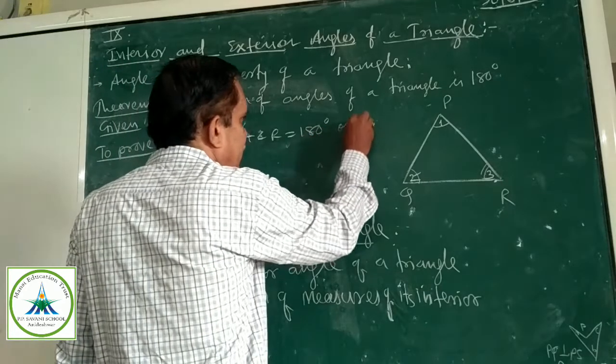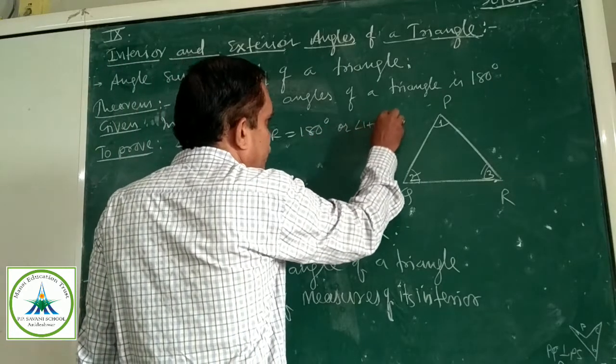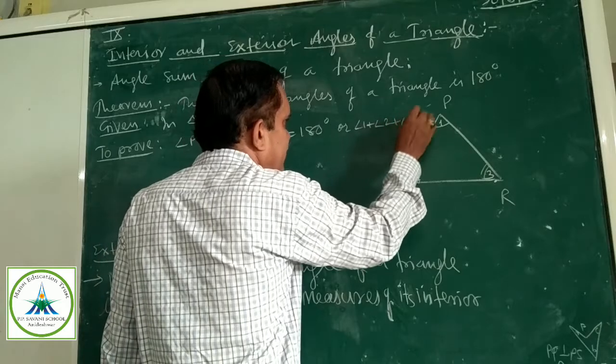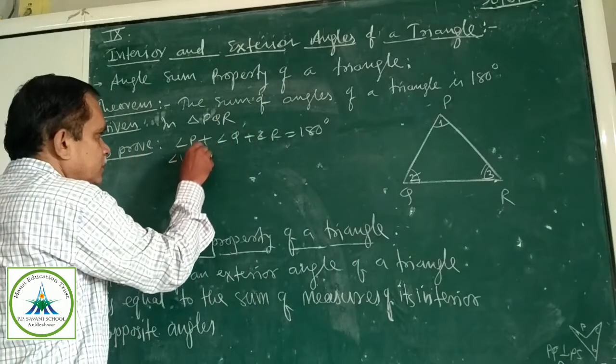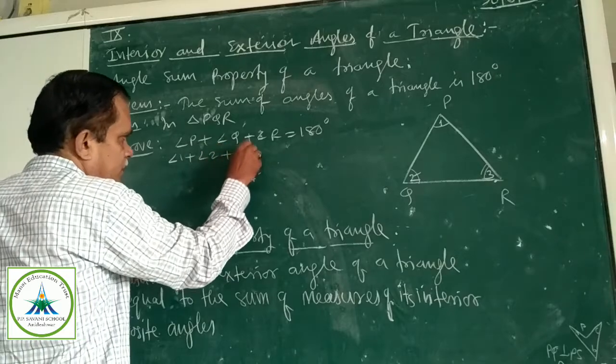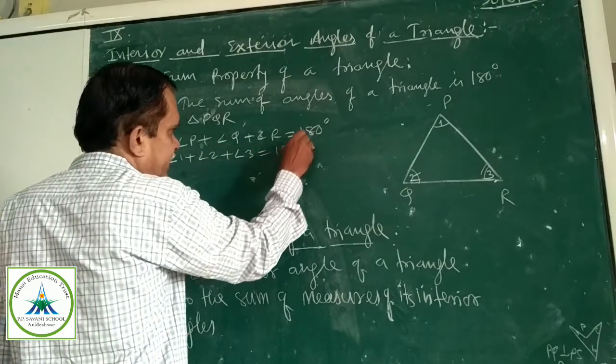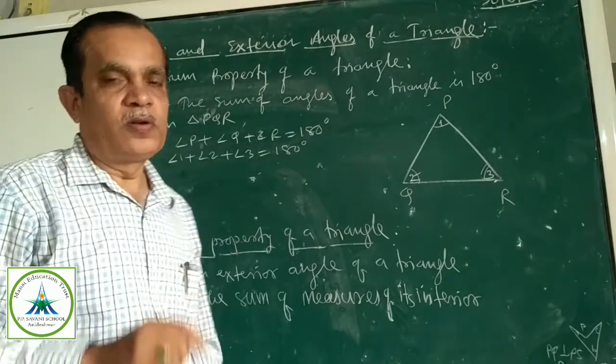Or we can write angle 1 plus angle 2 plus angle 3 equal to 180. Numbering is more useful.